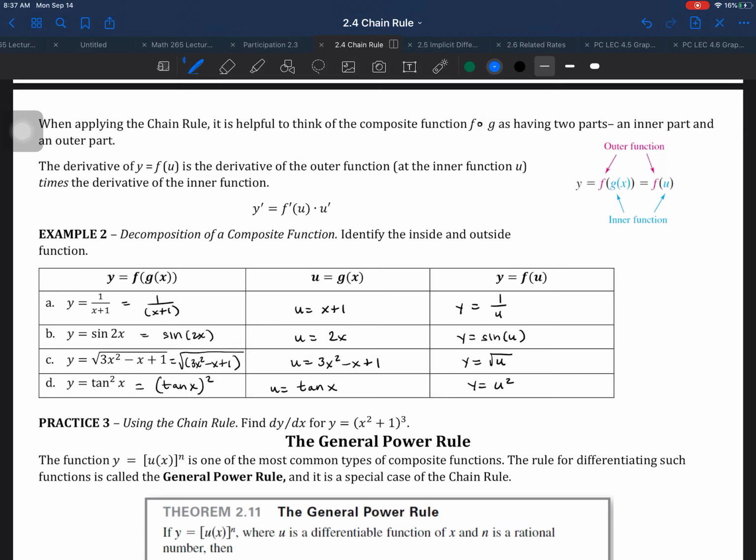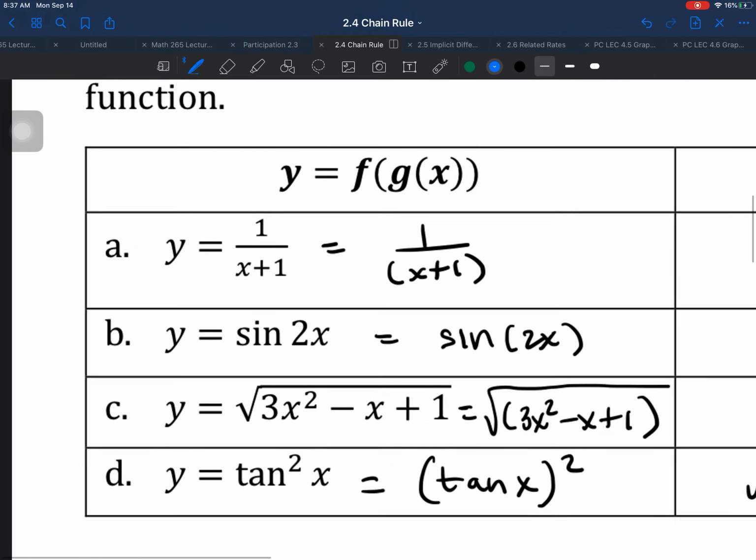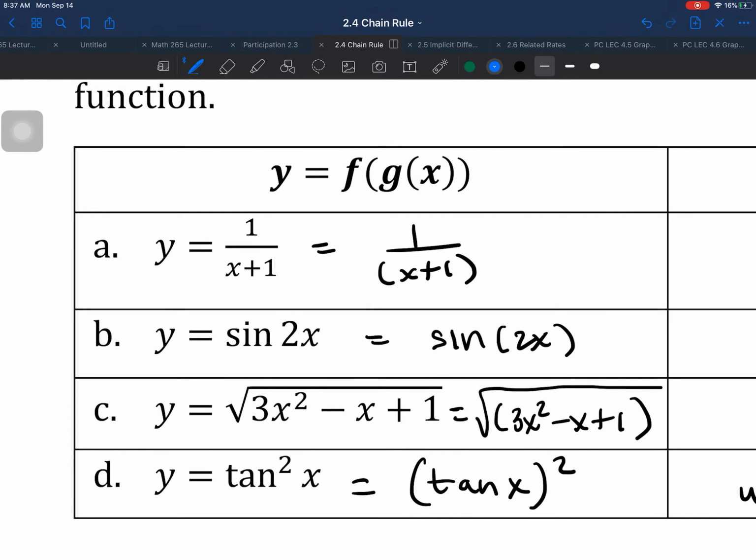So let's first begin. We're not going to do derivatives right now. We're just going to begin by recognizing these types of functions, composite functions. Again, what I mentioned before, those students who can recognize that this is a composite function and thus you have to use chain rule will be ahead of the game, right?